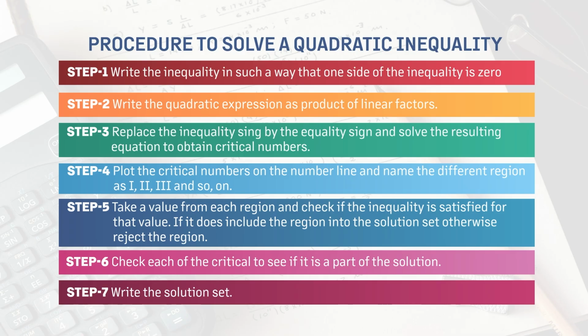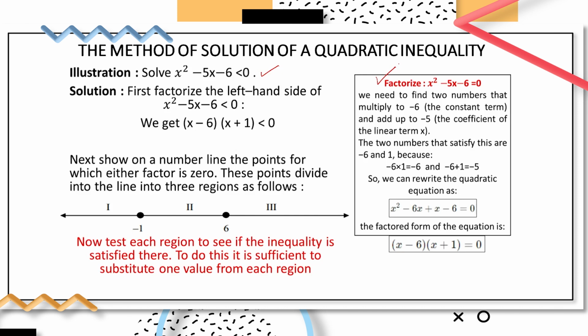Over here we are given a quadratic inequality x square minus 5x minus 6 less than or equal to 0. When we were understanding quadratic equations, we learned how to solve them, and one of the mechanisms was to factorize, wherein we need to find the two numbers that multiply to the constant value, that is minus 6 in this case, and add up to minus 5, which is the coefficient of the linear term x.